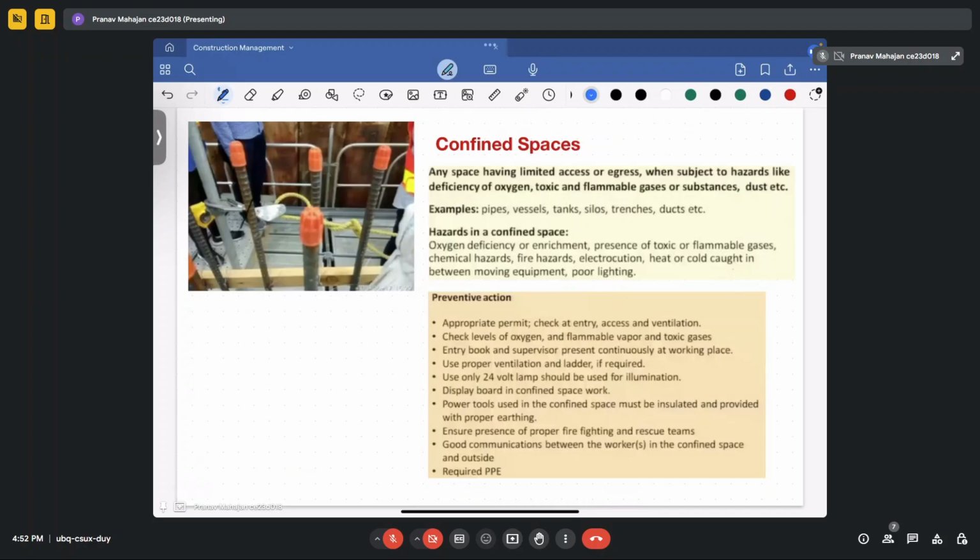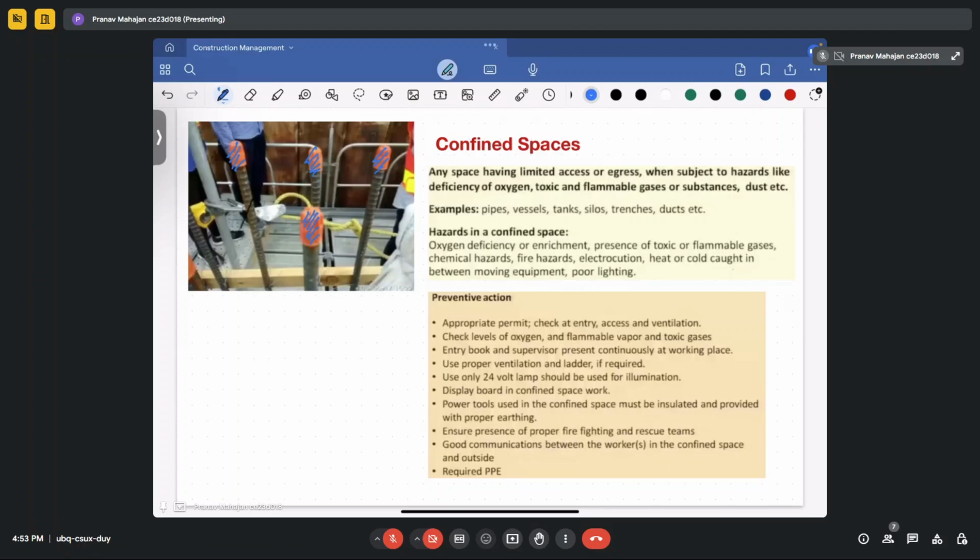For the bars also, you can see that caps need to be provided at the top of the bars so that the people doing work at those sites could reduce the accidents caused by such reinforcement. When you are working in confined spaces, what preventive measures need to be taken into account?